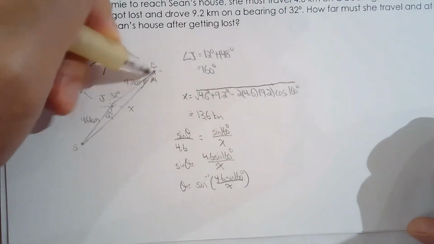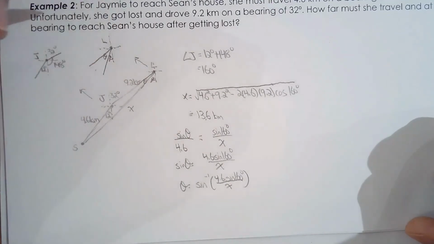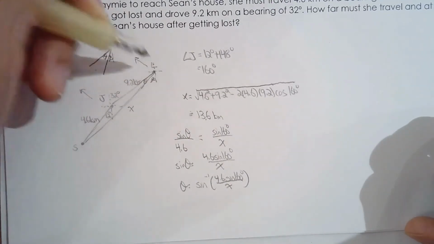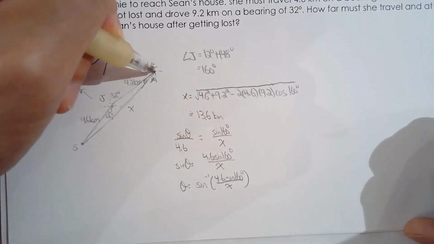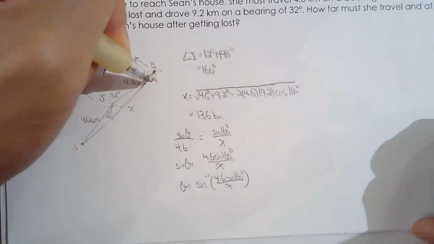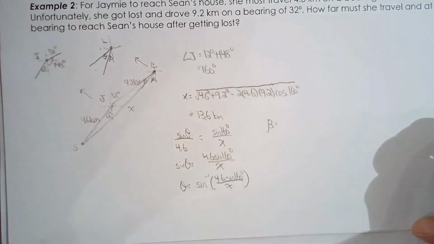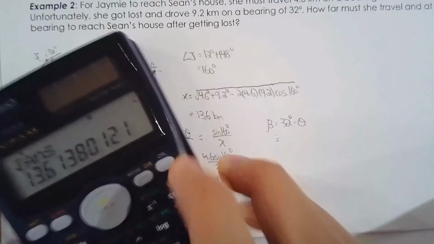I'm actually interested in beta. Why do I want beta? Because if I know what beta is, I can tell you the bearing she must travel at in order to reach Sean's house from where she is when she's lost. So since theta plus beta is 32 degrees, beta is 32 degrees minus theta. So now I'm going to punch everything in my calculator.